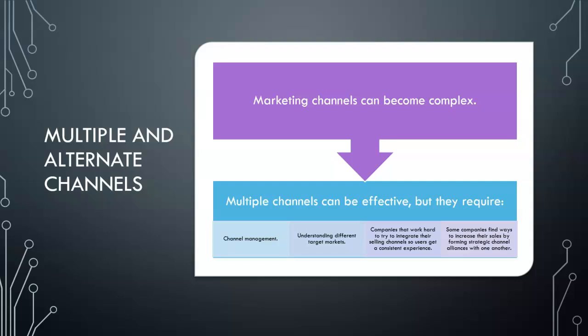So if you are a business, you're able to make multiple channels with partners, but make sure that those are efficient and they are consistent with what your business is trying to produce and what your mission is and your goals.